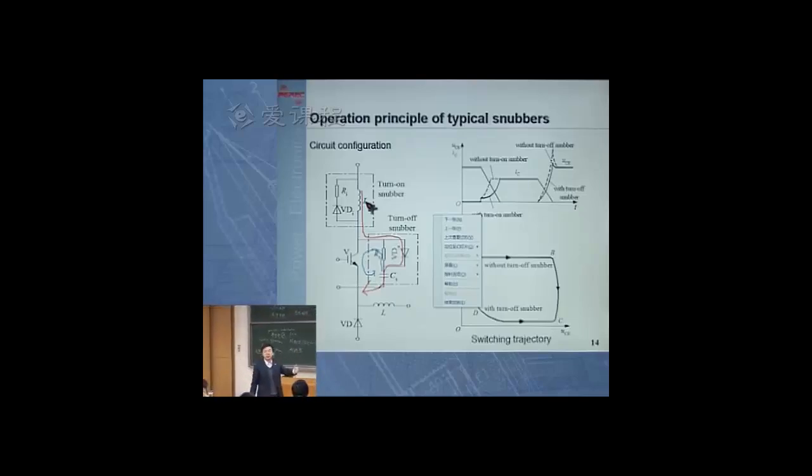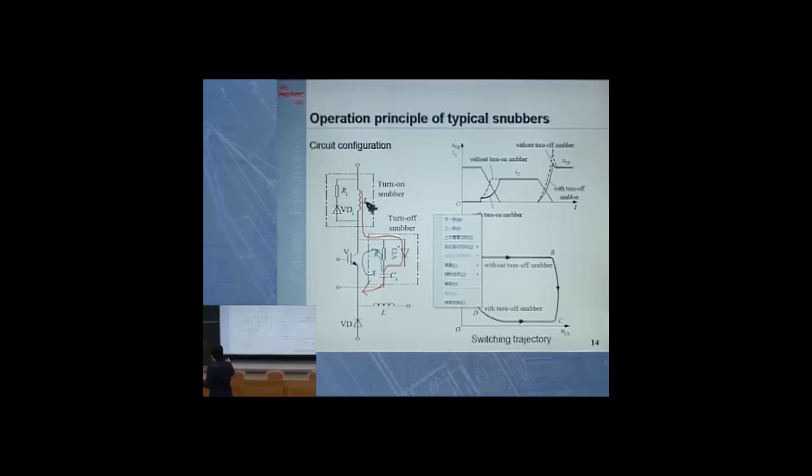We don't need this snubber. When we turn off this IGBT, the current will be turned off. But in practical applications, this IGBT has to be connected with other components through wire. And once you have a section of wire, then you have this inductance.